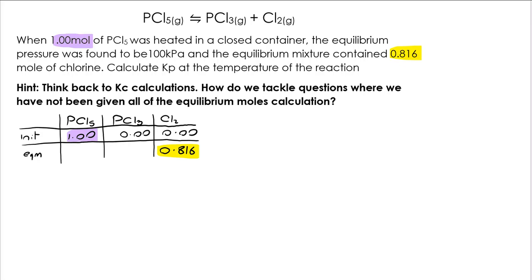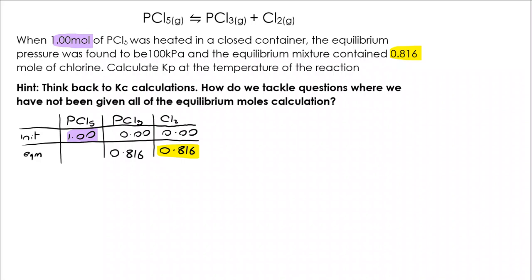We now need to do some calculations to work out the others, and we're going to use the balancing of the equation to help us. Because we know in the equation that for every mole of Cl2 that's made, there's 1 mole of PCl3 made as well. It's a 1-to-1 ratio. So my equilibrium moles of PCl3 must also be 0.816. What we then need to do is look at the mole ratio between PCl5 and one of the products.